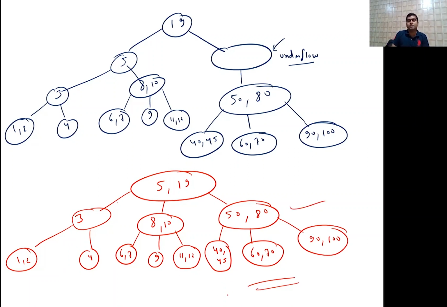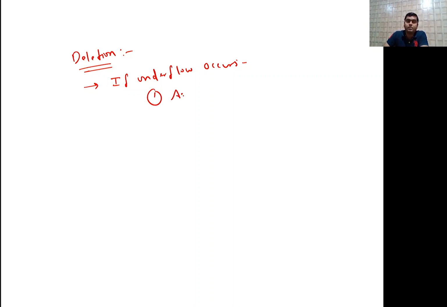So simply we can say that in case of deletion, key note, very very important. First, if underflow occurs, then first point, ask from immediate siblings, if possible.